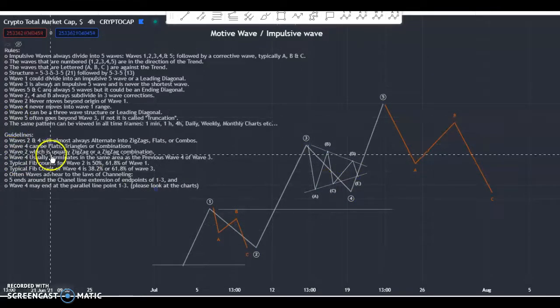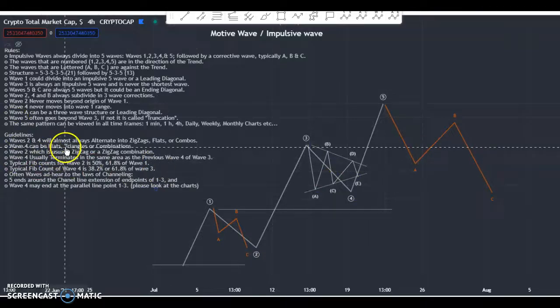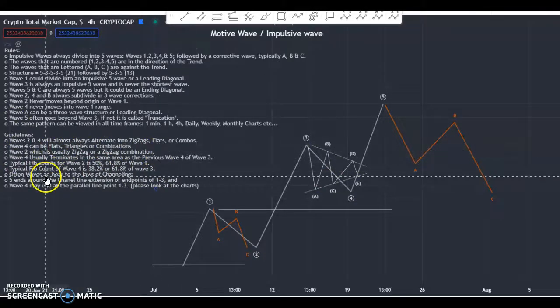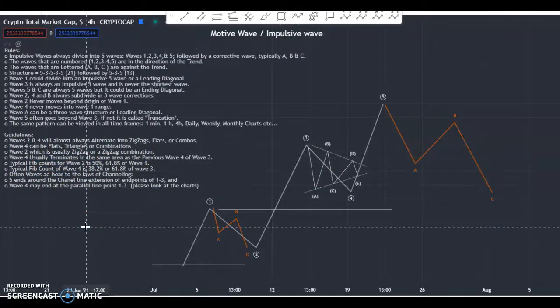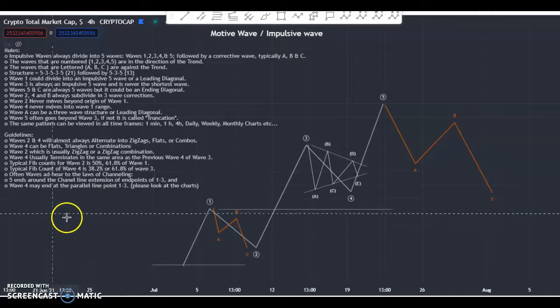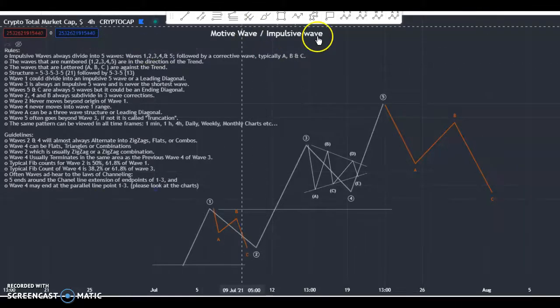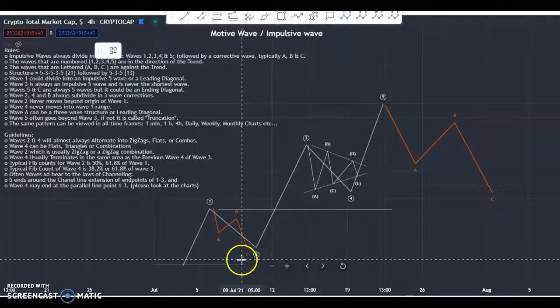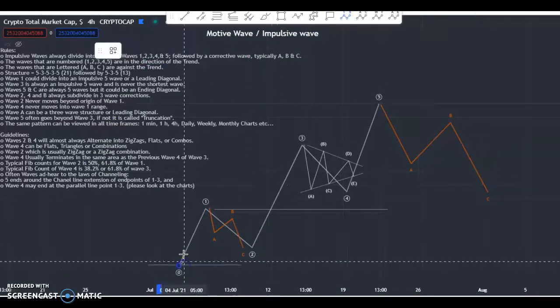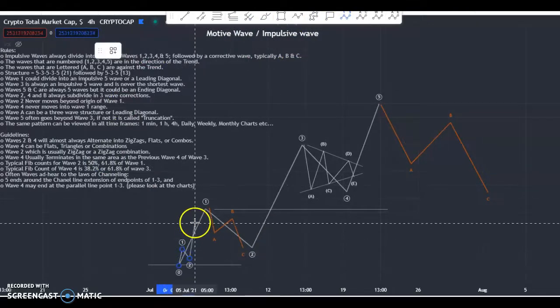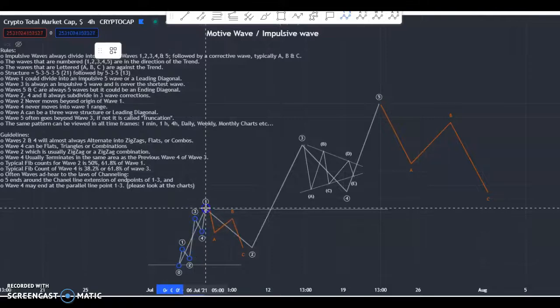Now, also we've got the guidelines. Oh, there we go. Flats, triangles, and combinations. A wave 2, which is usually zigzag or a zigzag combination. Wave 4 usually terminates in the same area as a previous wave 4. Now, what we mean by that is if this, as I already told you guys, inside here, this wave 1 will subdivide into 5 waves.